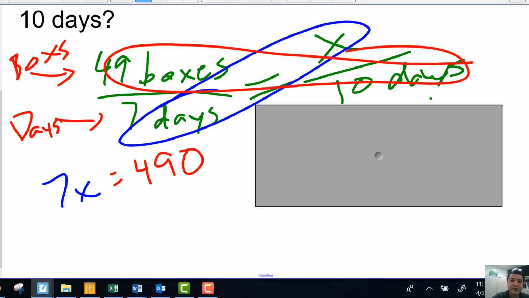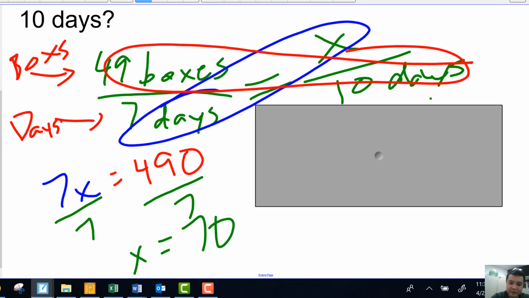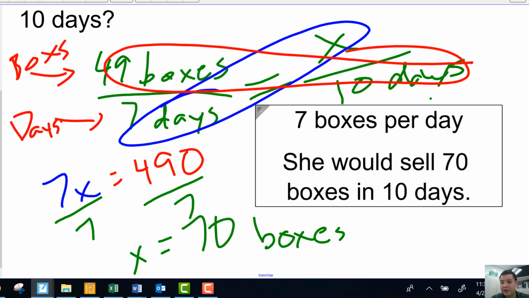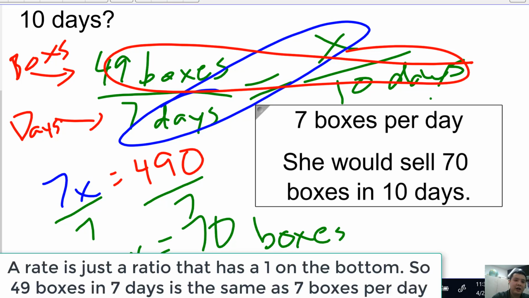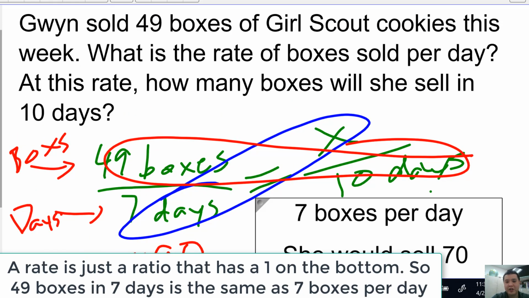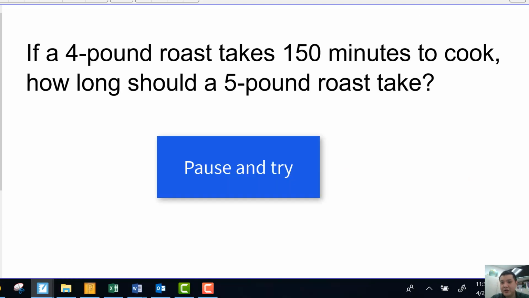Divide both sides by 7. We get x equals 70 boxes. So in 10 days, we would expect her to be able to sell 70 boxes. And her rate, got to mention that, is simply the ratio right here, which is 7 boxes per day, if we were to simplify that.